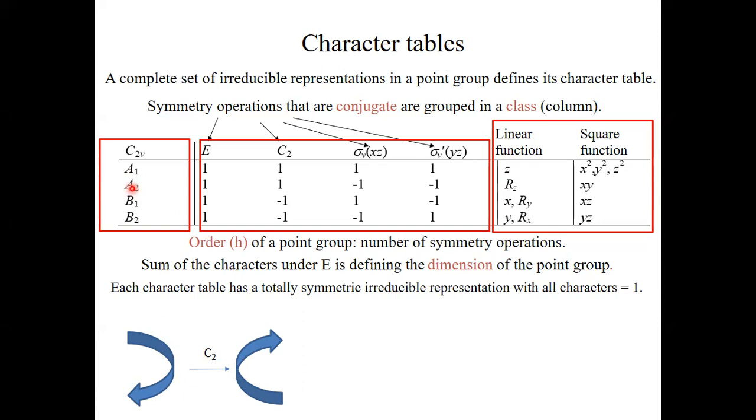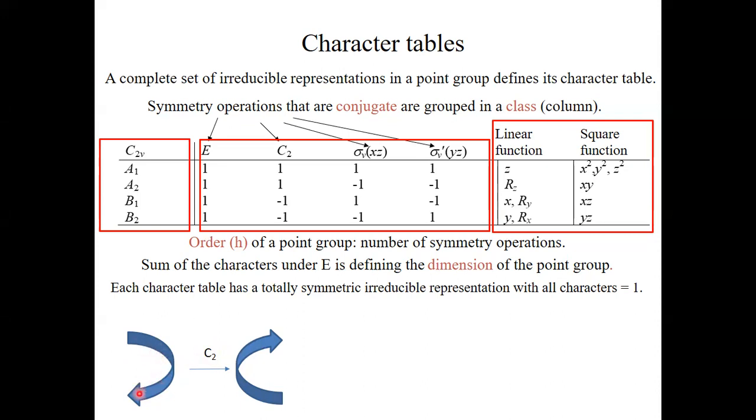We can verify again that this is the case by looking at what the symmetry operations do with the rotational vector. You see here a bent arrow which rotates around the z-axis, representing a rotational vector, and in this case we are rotating clockwise. Will we still rotate clockwise after we carry out the symmetry operation C2?